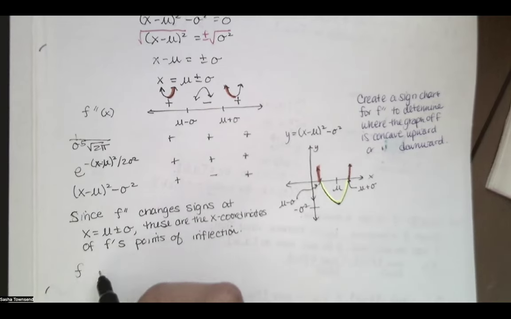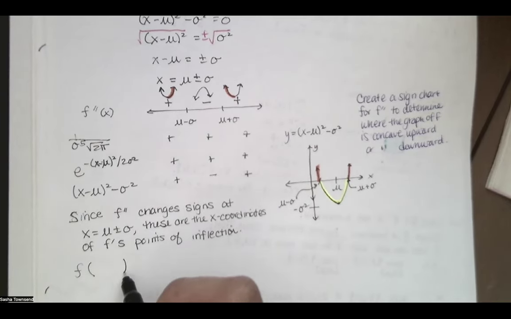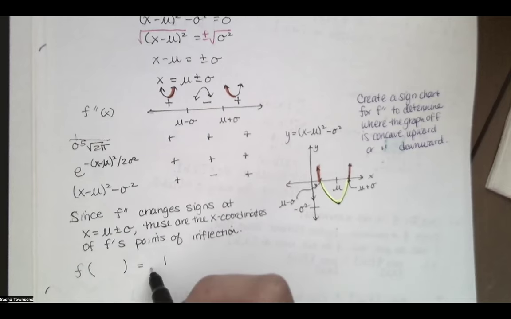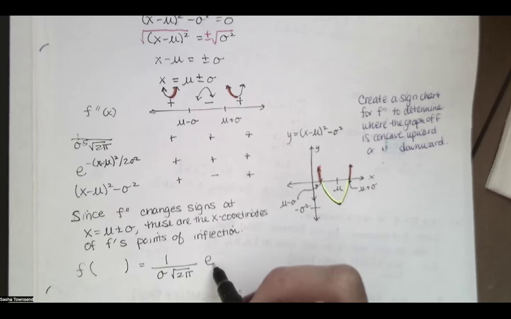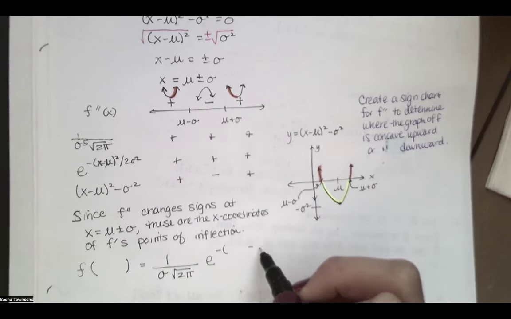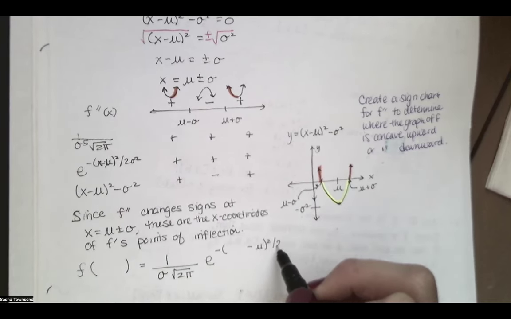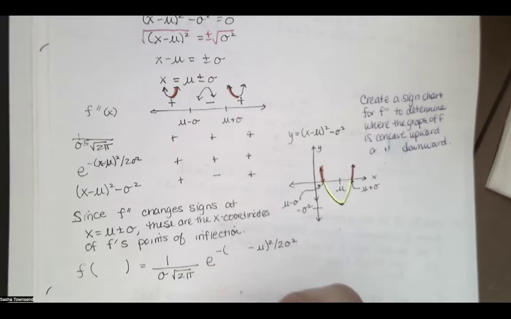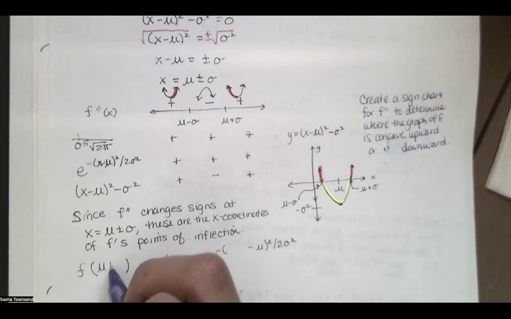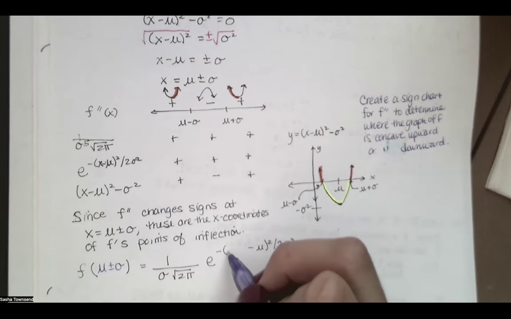So let's evaluate f at those points of inflection now. We have f is equal to 1 divided by that standard deviation times the square root of 2 pi times e to the negative x minus the mean squared, all divided by 2 times the standard deviation squared. And we are evaluating at the mean plus or minus the standard deviation.